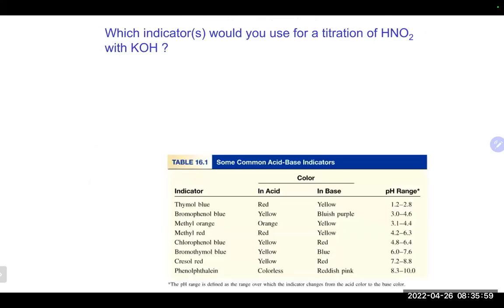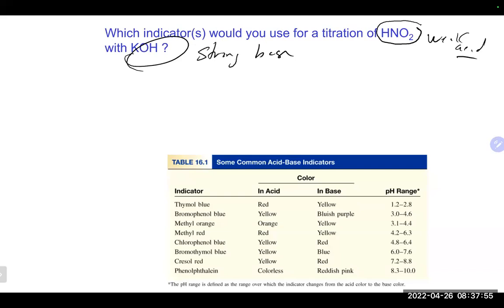All right, so looking at this list here, here are some indicators. Which indicator would be a good one for the titration we just talked about and did the calculation for? Take a second, see what you come up with. We just used KOH in the previous problem. KOH is what type of base? It is a strong base. So again, we were adding the base to the acid here.